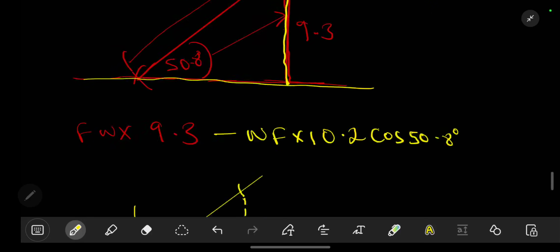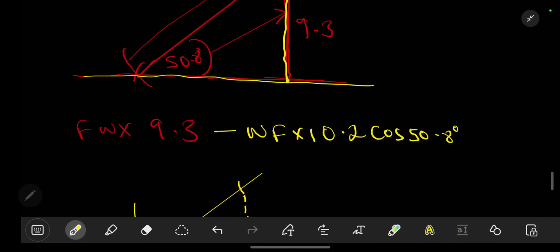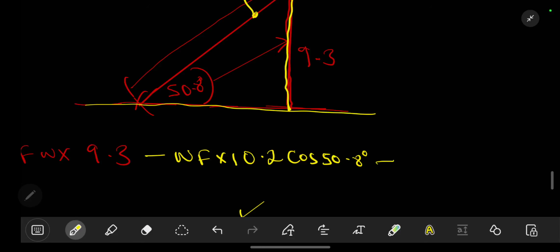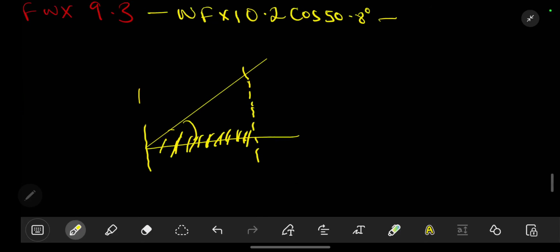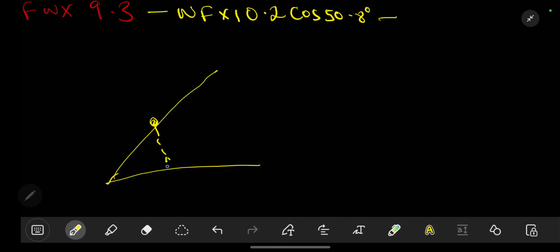Remember, the distance that we are actually looking at is this. If you already knew this, you can just write it direct. Then we have minus the weight. Whose weight again? The weight of the ladder. From here, it is 4 meters there. We were told it's 1/3, so 4 meters.